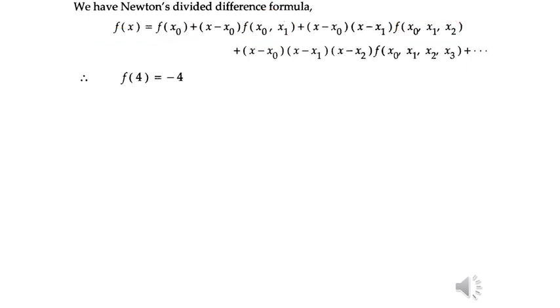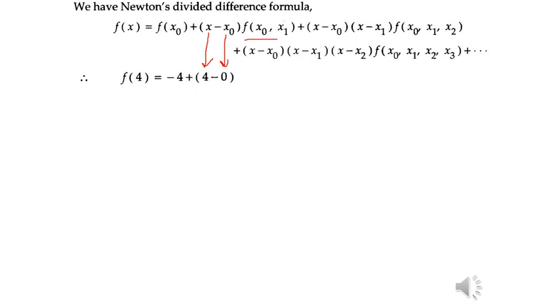See, we have put in the place of f of x naught minus 4 as per the table, plus now let us write x minus x naught. What is x? They have given x as 4 and x naught is 0 from the table.